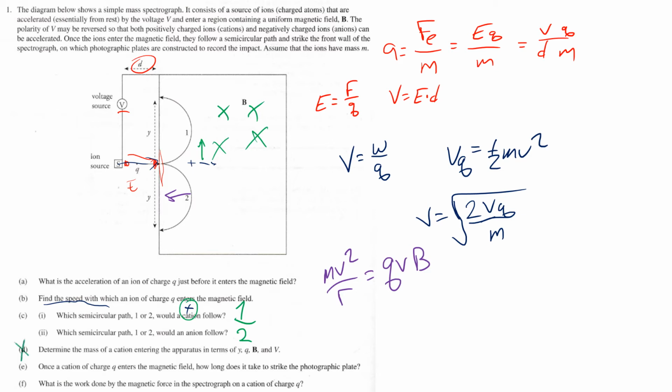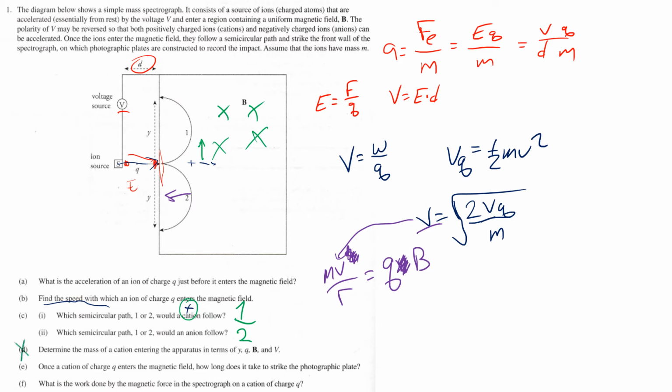So let's cancel out this guy and this guy. We're solving for m, but before we do that, we've got to plug in the velocity right here, like we figured out before.